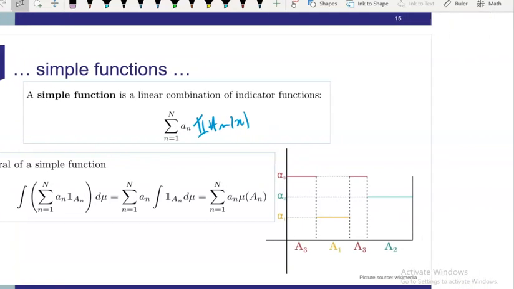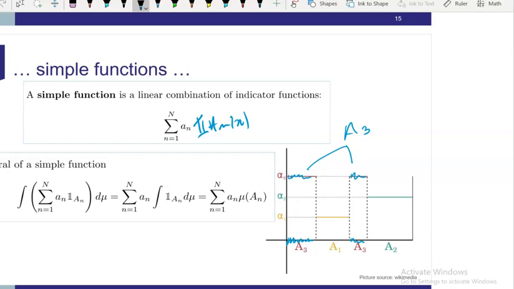What's the difference between a simple and a step function is that here you see we've got two intervals where the function takes the same value, and this is going to define one single set. Here it's called A3.